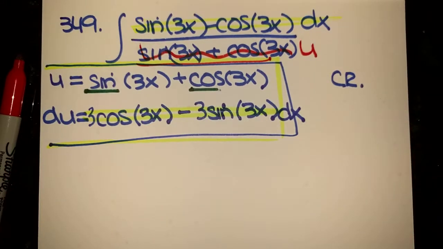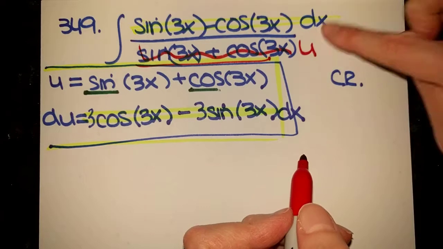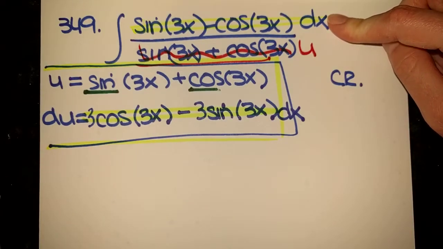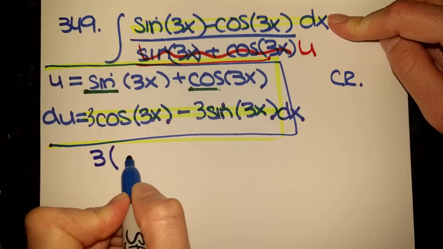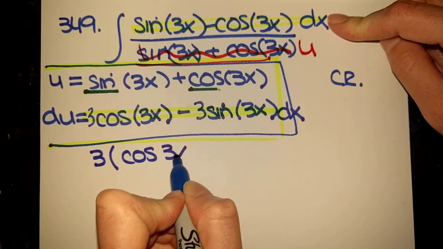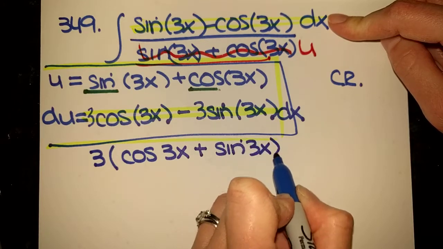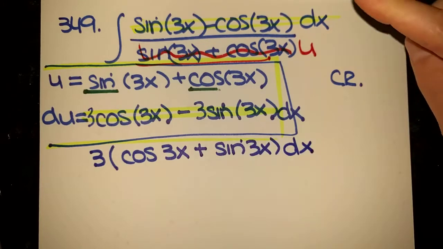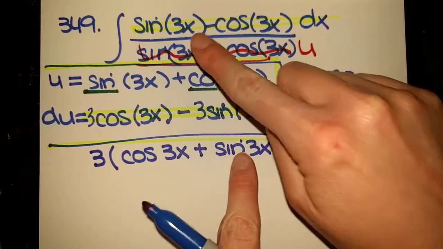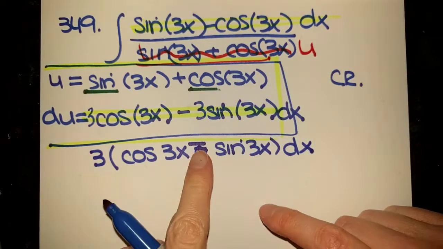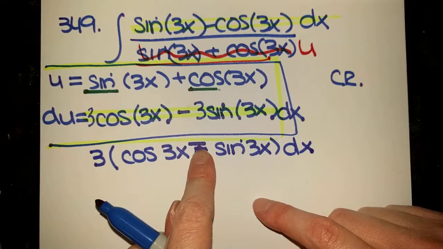So again, we want this somehow to look like our du. So we might start by factoring out a 3, and that will give us cosine of 3x plus sine of 3x dx. Now, that's pretty close because we have a cosine of 3x, we have a sine of 3x. And then that's not a plus, that's a minus sign, sorry. So minus sign because that minus will come straight down.